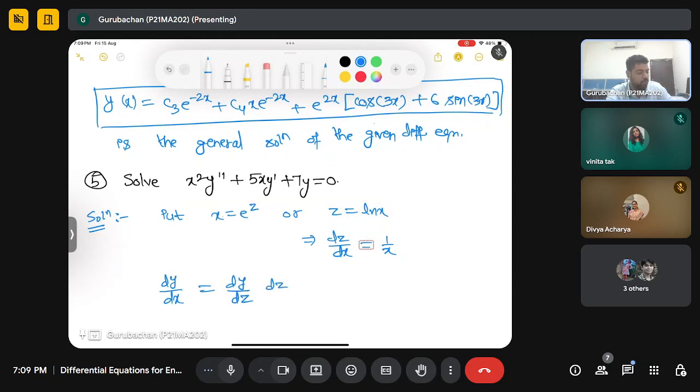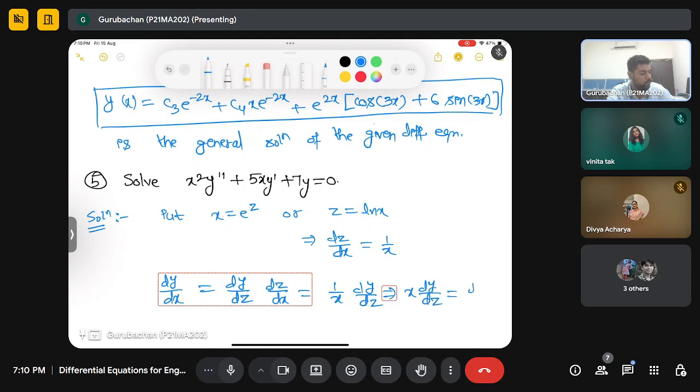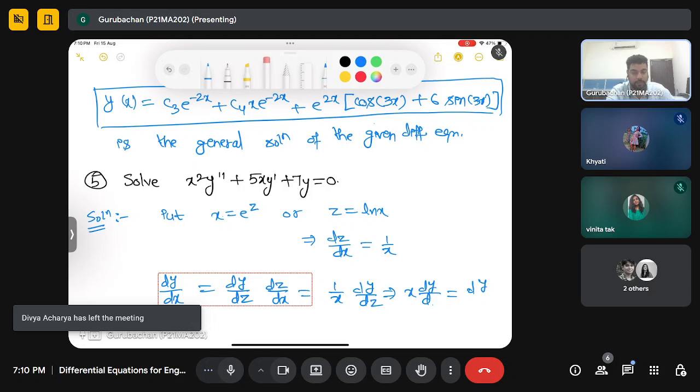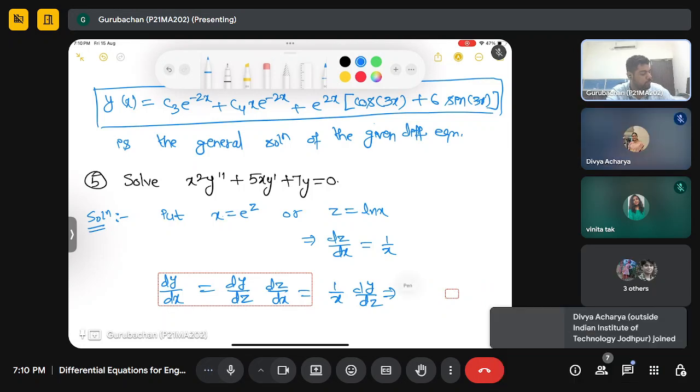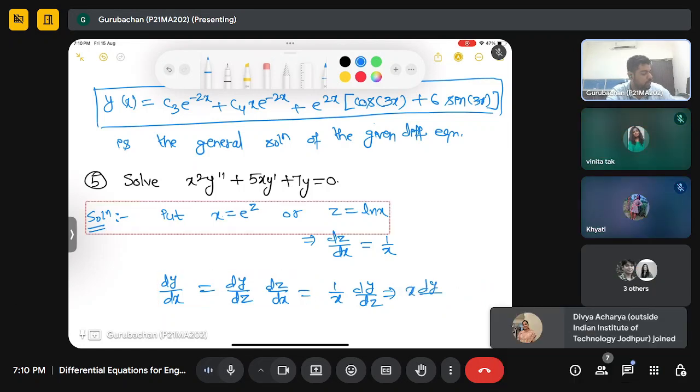So by chain rule, you will get this one, and dz by dx is nothing but 1 by x. So from here, you will get that x dy by dx is equal to, let me write it in another form.